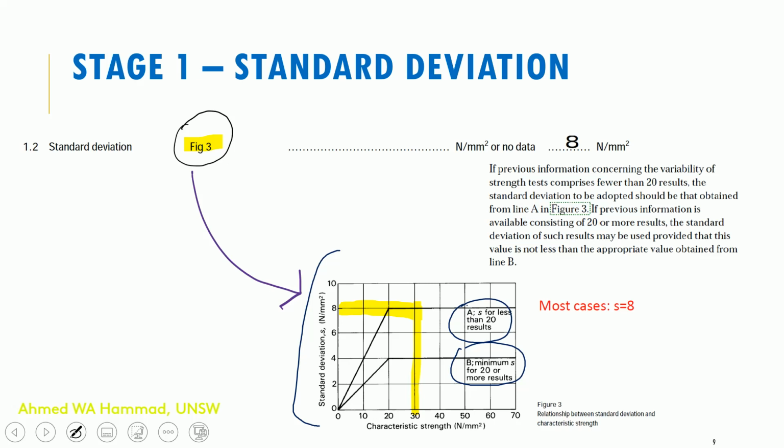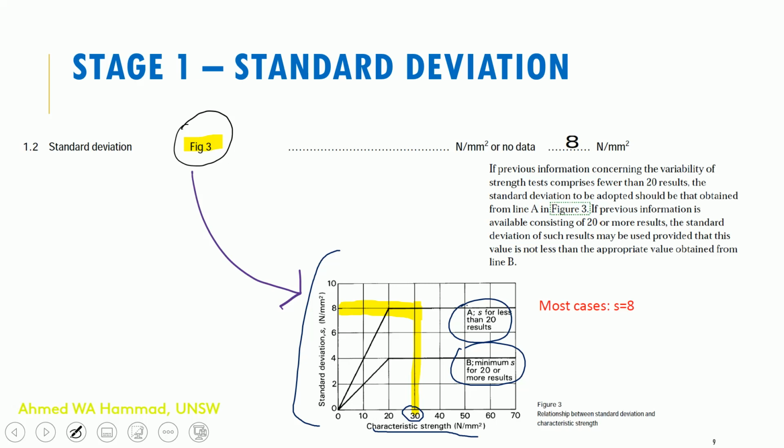How do we use this sort of graph? Well, to use the graph, it's actually very easy. All you have to do is look at the x-axis, and the x-axis says that it's the characteristic strength that we're concerned with. Now, the characteristic strength is provided by the client as 30 newtons per millimeter squared.